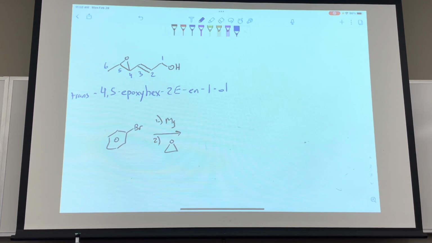Remember the Grignard reagent is going to behave as if it were a carbanion nucleophile, and it's going to come in and attack and open up the epoxide, and what you make is now the benzene with a 2-carbon. Initially it's an alkoxide. Upon acidic workup, you get the alcohol. Okay. Any questions on that?